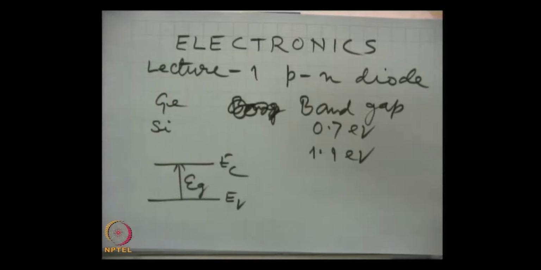Because of the smaller band gap, in a pure material, germanium will have a higher electron concentration. That means the density of electrons in the conduction band in germanium will be higher than silicon.